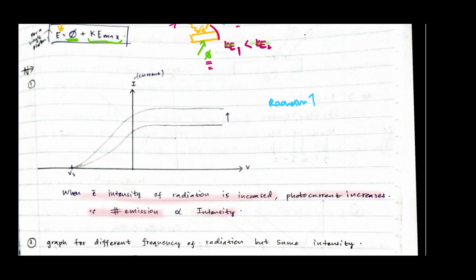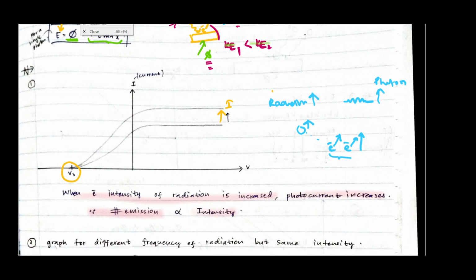If I increase the intensity of radiation, the number of photons is increased. We know that one photon will only remove a single electron. If the number of photons increases, obviously the number of electrons removed is going to increase. If the number of electrons removed is increased, photocurrent increases.